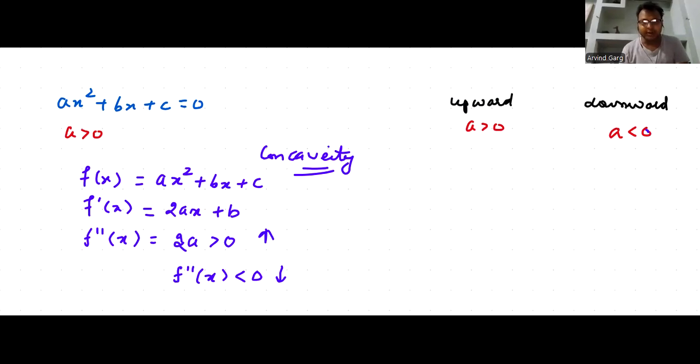Okay. Now let us consider one more practical example to understand this. For example, we have 3x square plus 4x plus 7. If we take the first order derivative, we get 6x plus 4. If we take the double derivative, we have only 6.